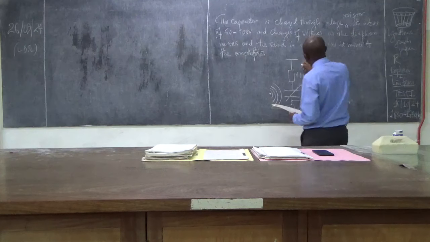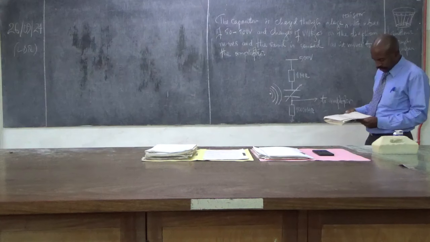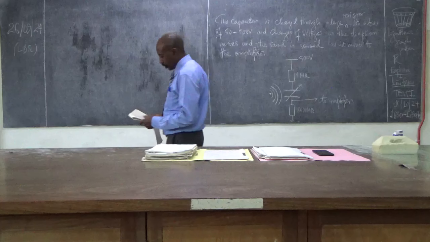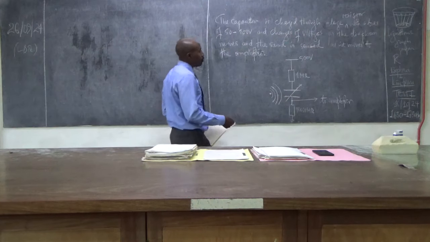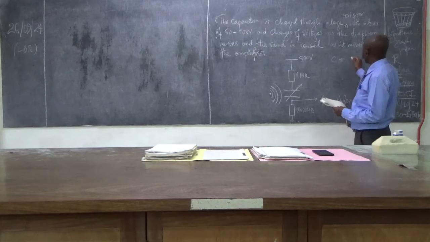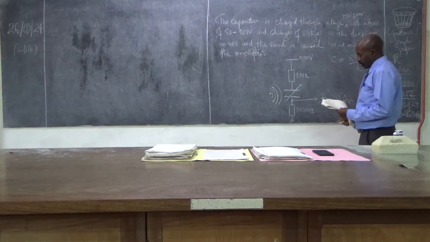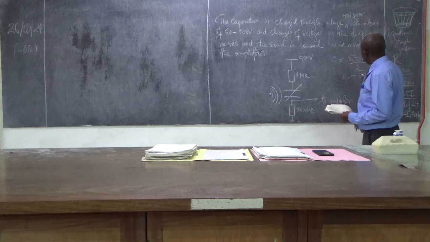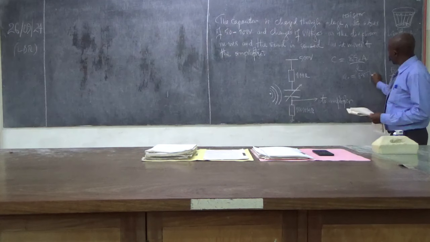So this is 500 volts. We say from 0 to 500 as the bias voltage. And then of course we have already talked of C being epsilon naught, epsilon R, A over D, and epsilon naught is about 8.85 picofarad.